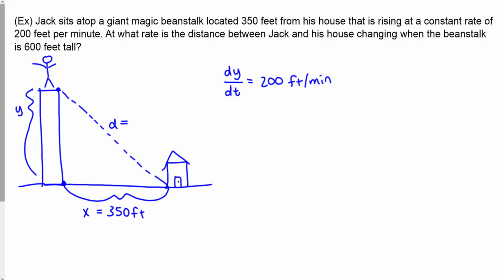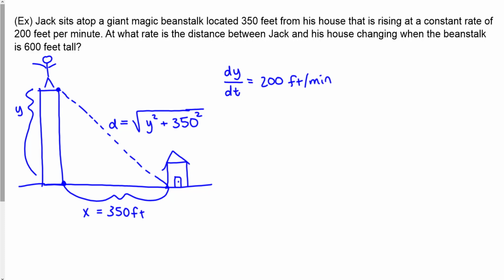So what we can say is this distance between Jack and his house is the square root of whatever the current y value is squared plus the square of that x value. And that's going to give me a formula for the distance between Jack and his house. And we want to know the rate of change of the distance with respect to the height change in the beanstalk.